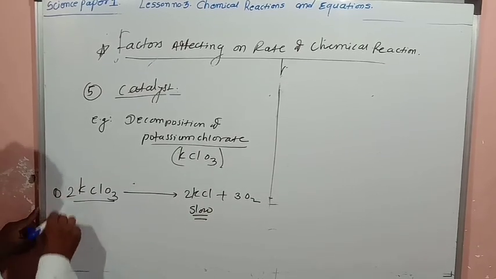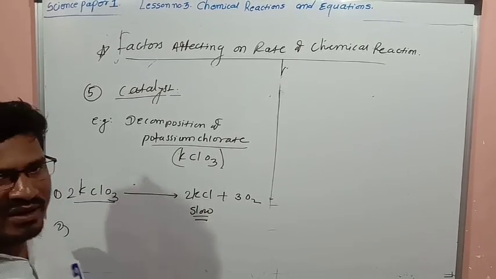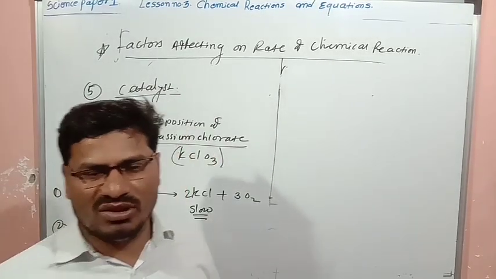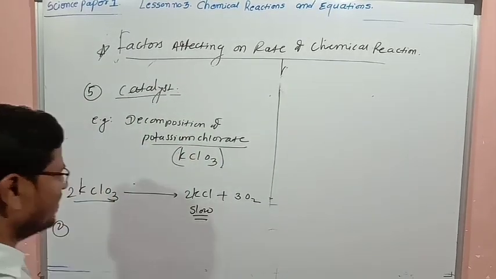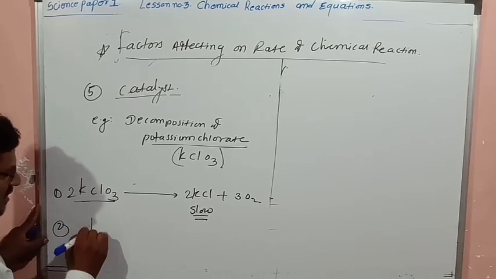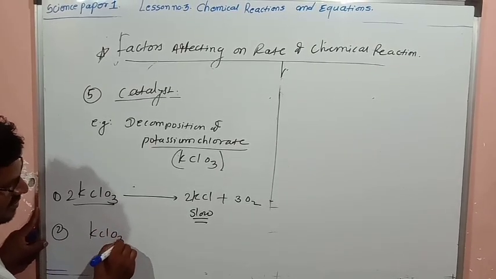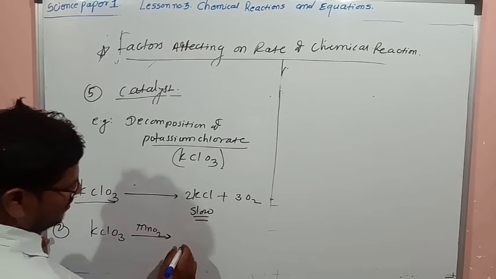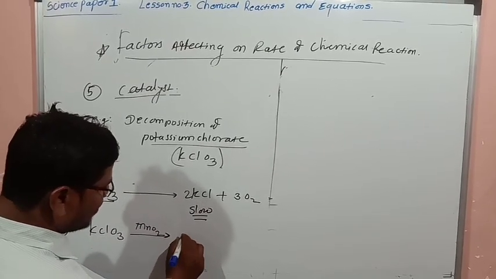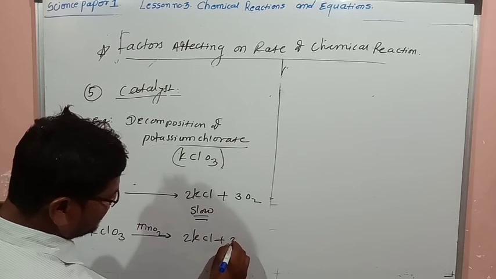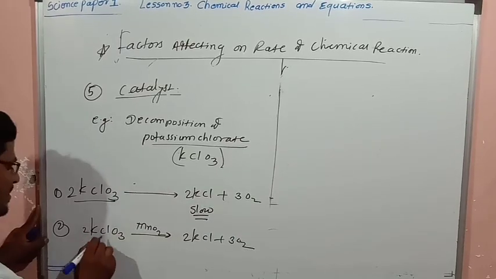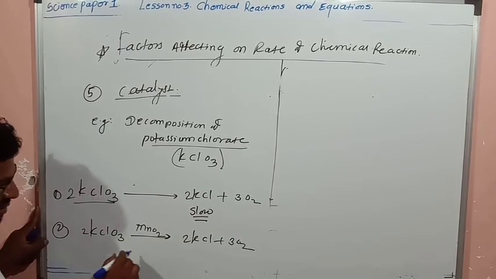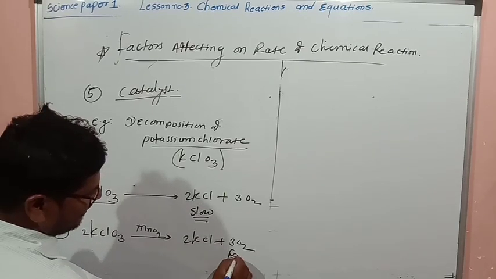And if you use the catalyst manganese dioxide, then this reaction will become fast. So you take KClO3 in presence of MnO2 and it will give 2KCl plus 3O2, and this reaction will be fast.